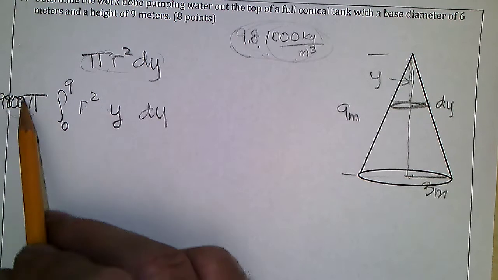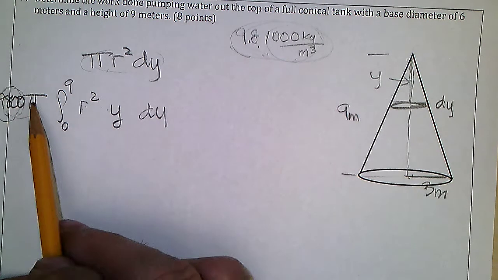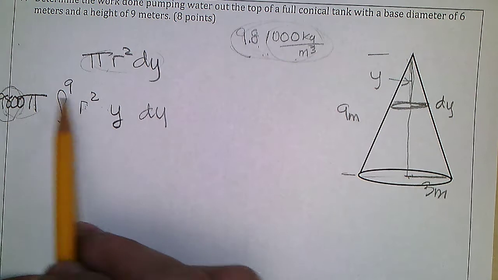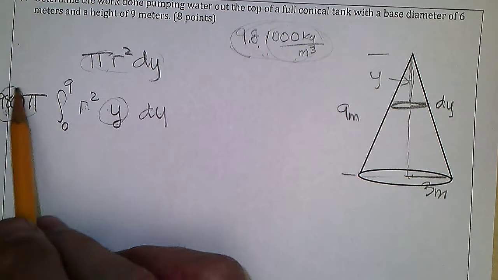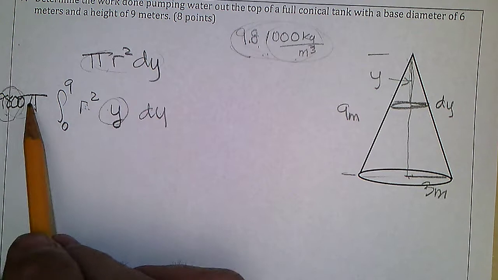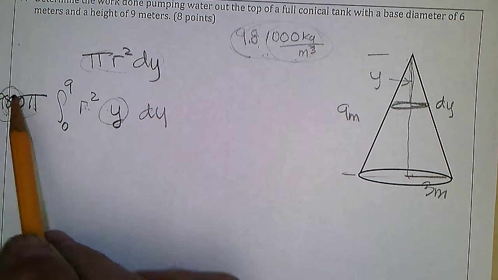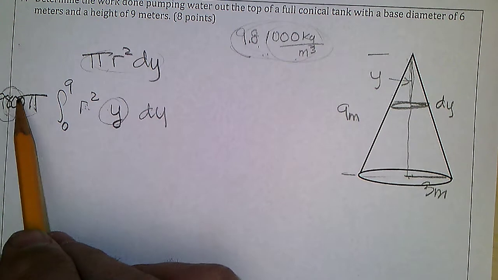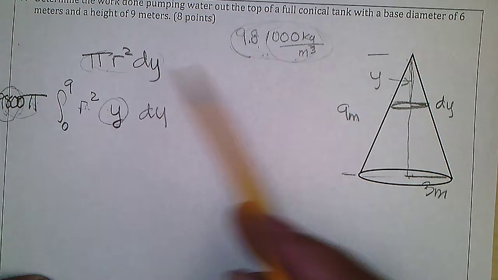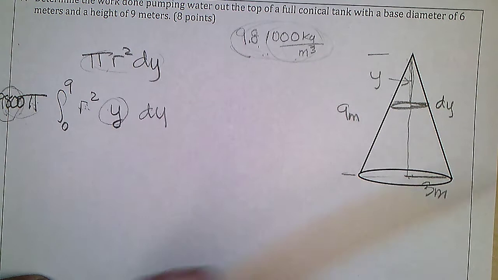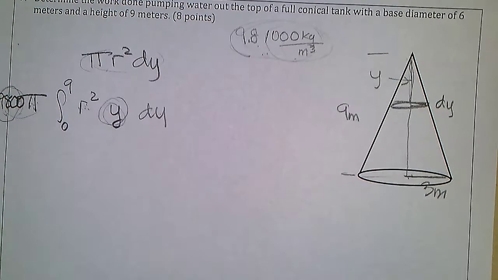So density and gravity times the volume will give you the weight, times the distance you got to lift it. So now we got to get r out of there.